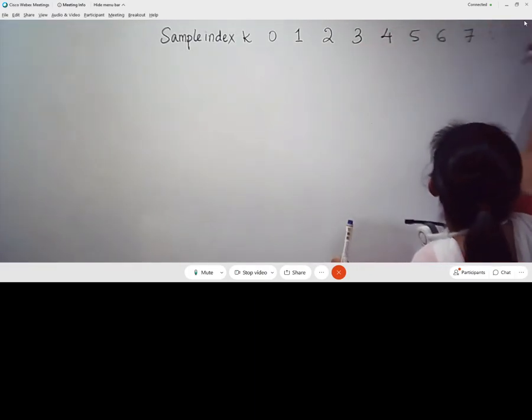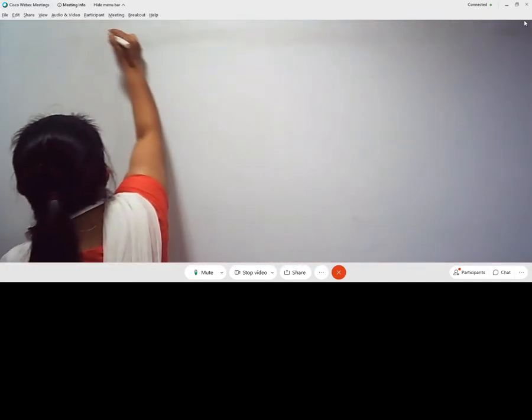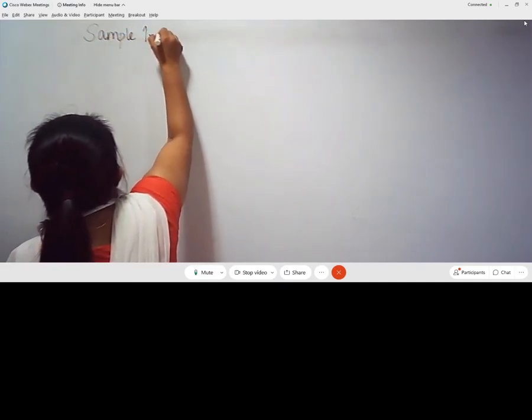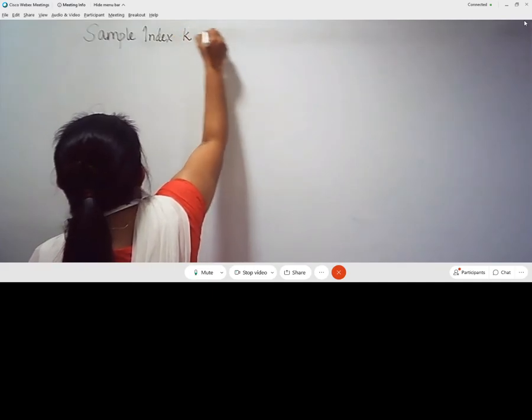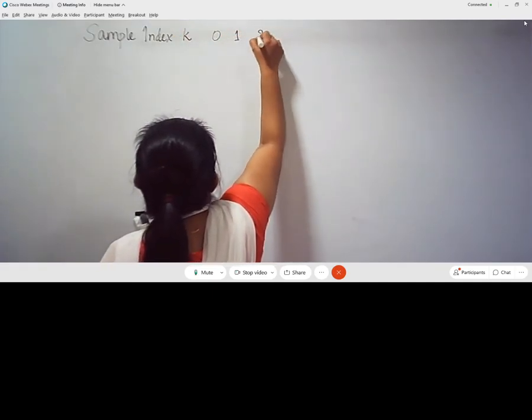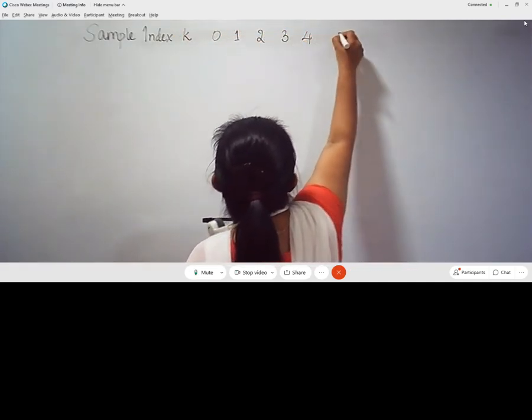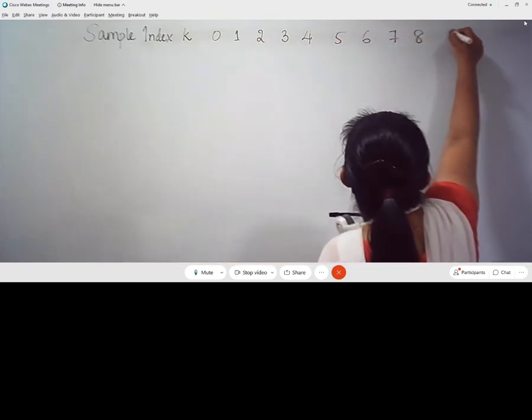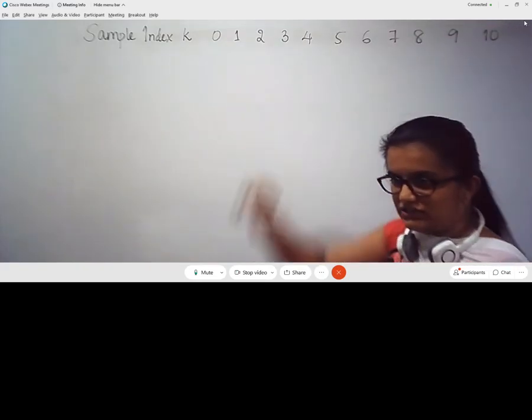Okay, there are only 10 symbols. Let me write a little bit to the left so that you can see. The sample index is just an index to help you identify at what time instance what is sent: 0, 1, 2, 3, 4, 5, 6, 7, 8, 9 and 10th bit.